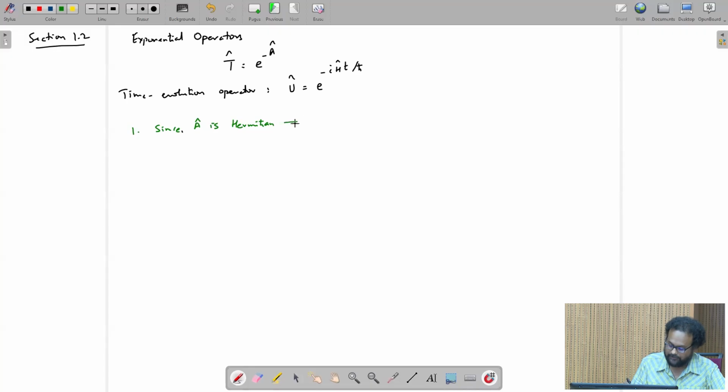You can show that T must be unitary, which means the Hermitian conjugate equals the inverse. So basically, the Hermitian conjugate of T reverses the action of T. It has to be a unitary transformation.